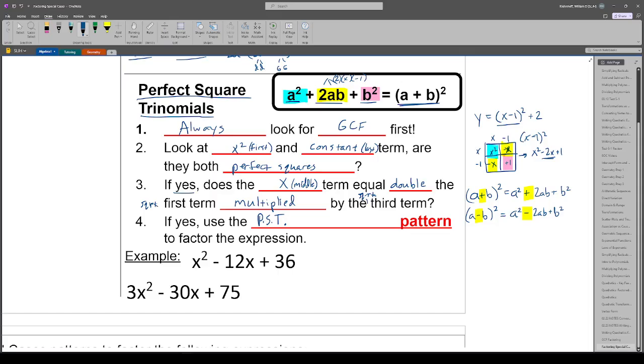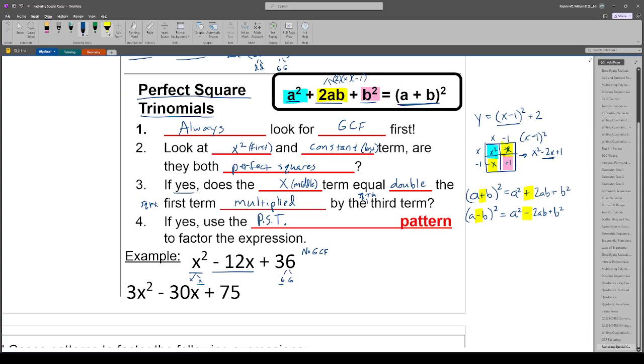So if that third step was a little unclear, we'll just see it in some examples here. So number 1, we look for a GCF. There is no GCF. So we move on and we say this is a perfect square of x times x. This is a perfect square of 6 times 6. Then we check, is the one in the middle double this times this? So we're not looking at the x squared and the 36.